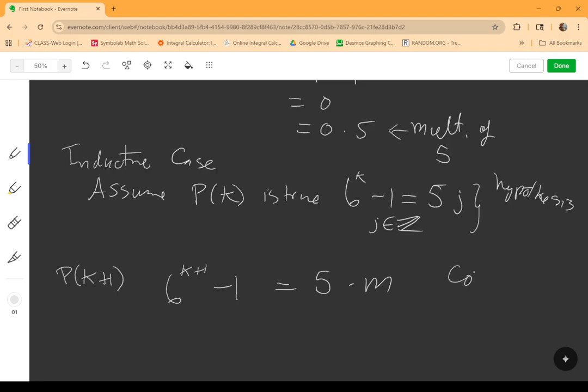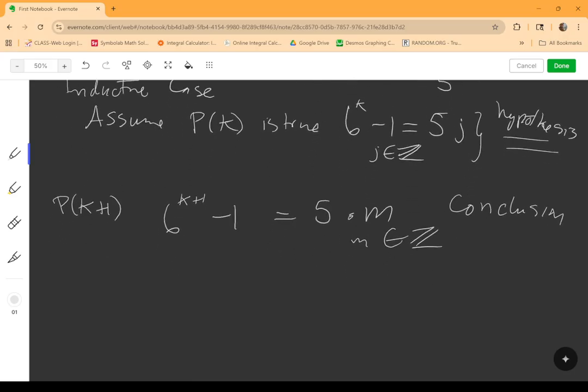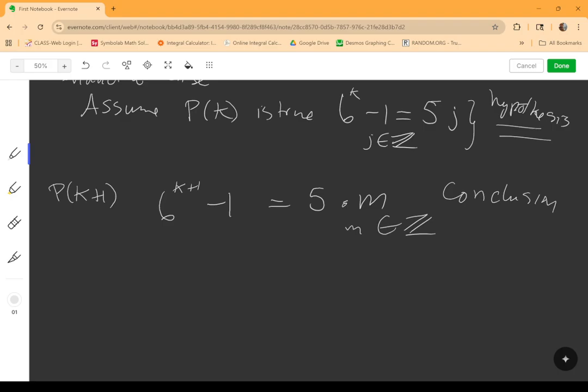This is my conclusion. So I've got an implication: hypothesis, then conclusion, 5 times m, where again m is an integer. I need to prove this; I'm not assuming this. I assume the k case above.